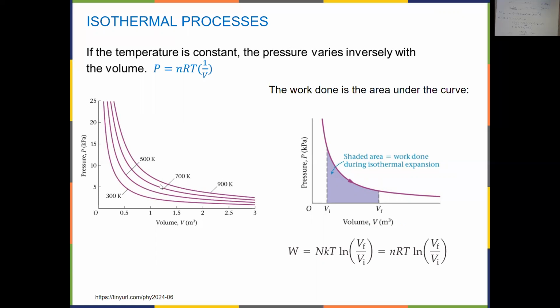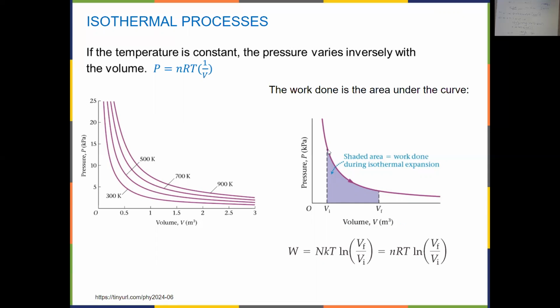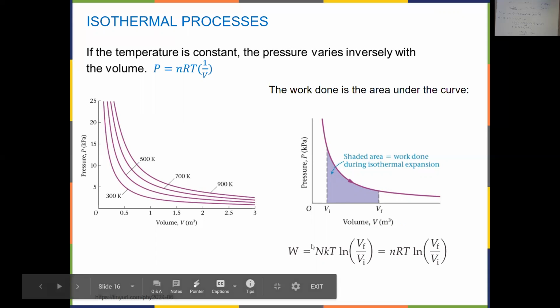Let's pick one, for example 700 K. So this is the curve there. If you go from initial volume VI to final volume VF, then the area underneath this curve would be the work done by the gas system to the outside surrounding.